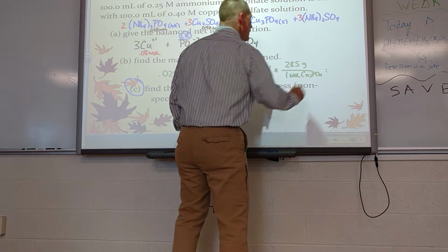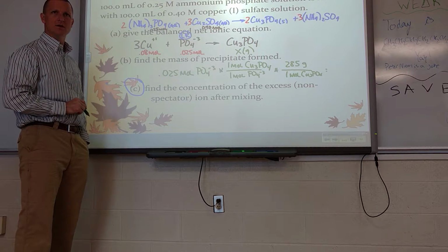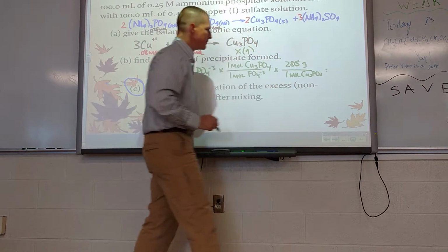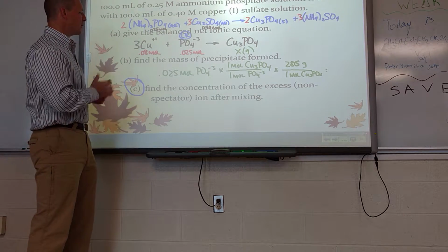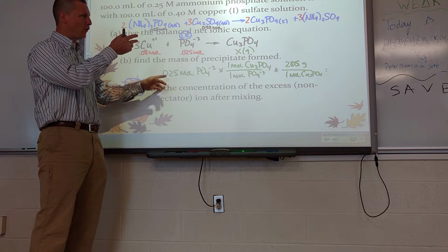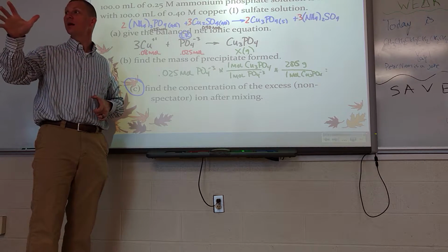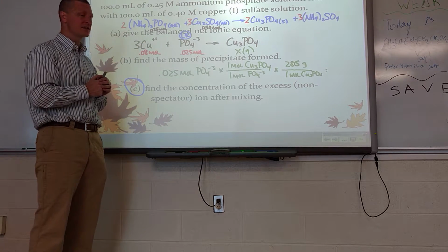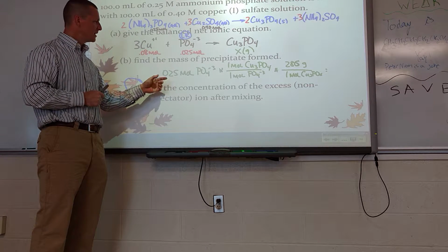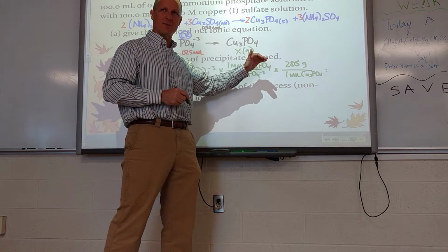So this is our setup for part B. 286? Okay, I can't do that one in my head. We probably could. 0.25 would be just dividing that by 4. So if you divide it by 4 and then divide it by 10, that would be the answer. If you're looking at mental math, how to make this simple, 0.025 is 0.25 times 1/10. So just take that and divide by 4, then divide it by 10.